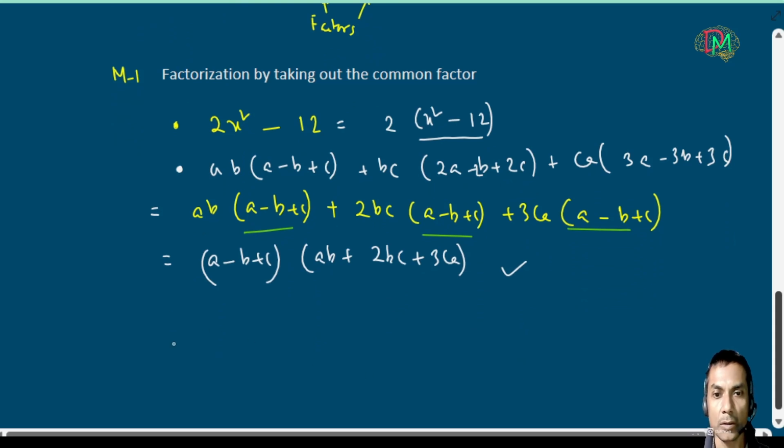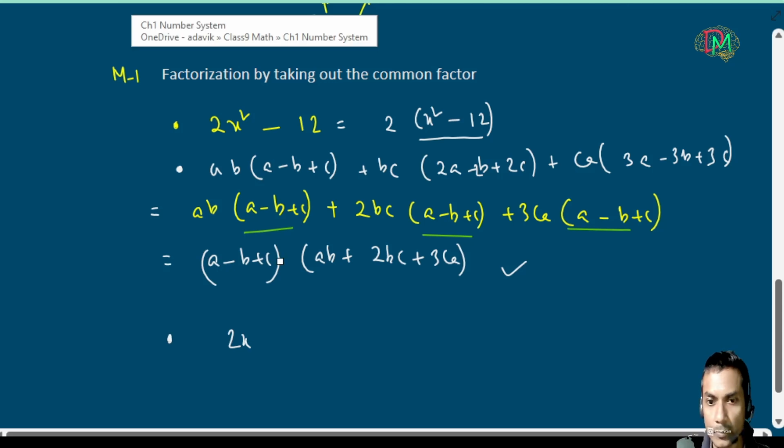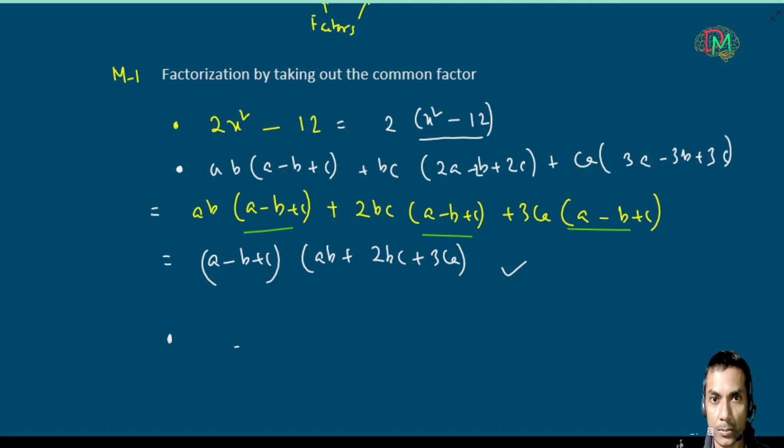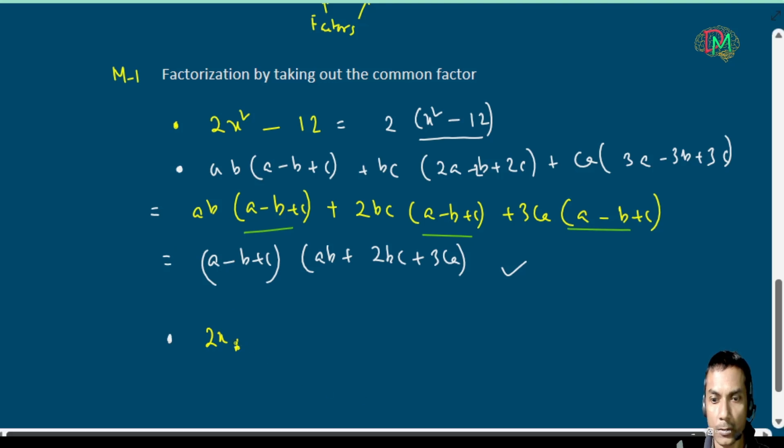Also let's take another example, that is (2x plus 3y) the whole squared minus 5 times (2x plus 3y).